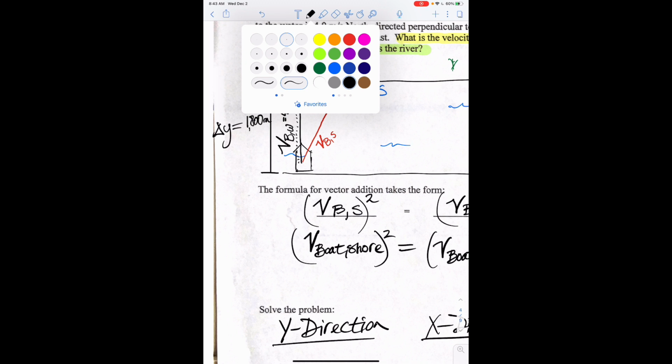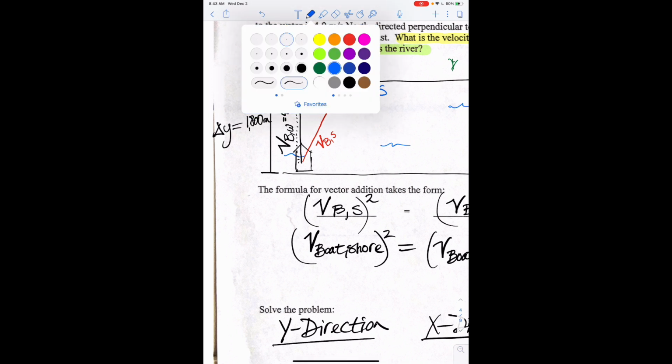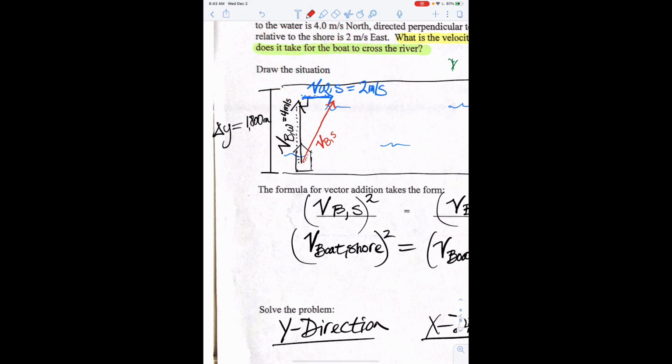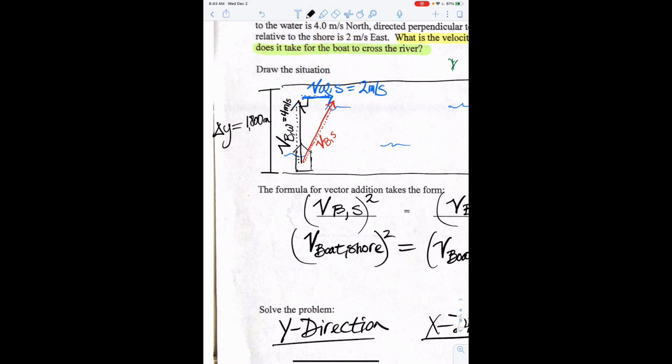However, because of this current that is also affecting the boat, going to the right, the boat is actually going to take this path right here as it heads straight across. It's going to head straight across, but it's going to move at that diagonal across. And then it'll land on shore some distance, delta x, down the shore.